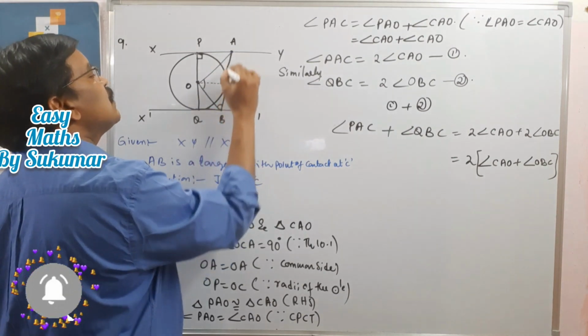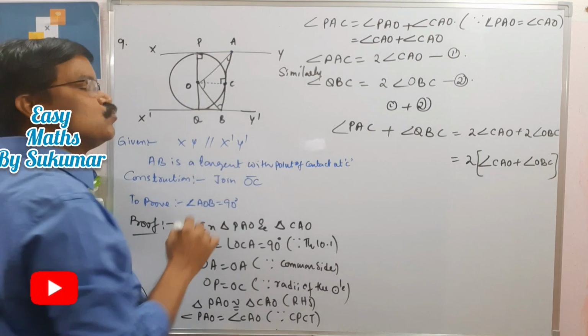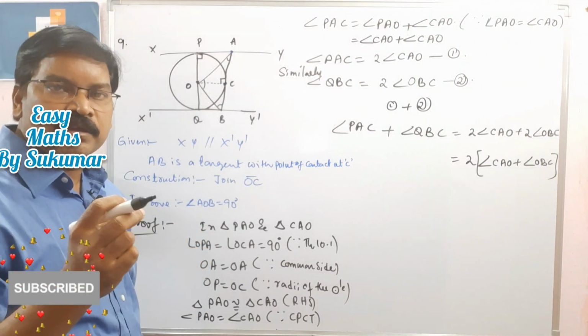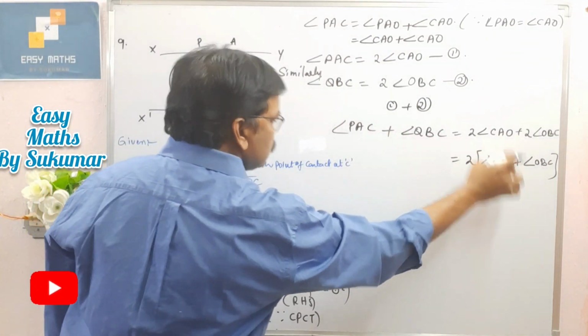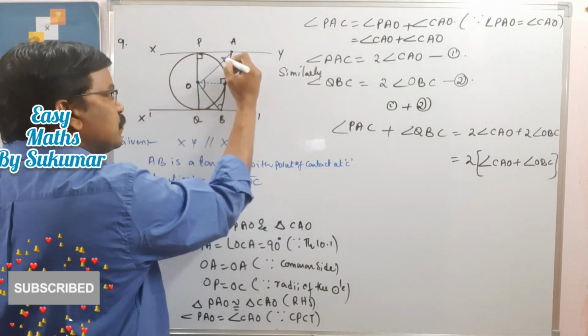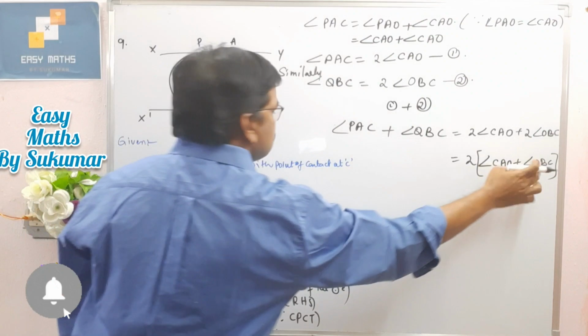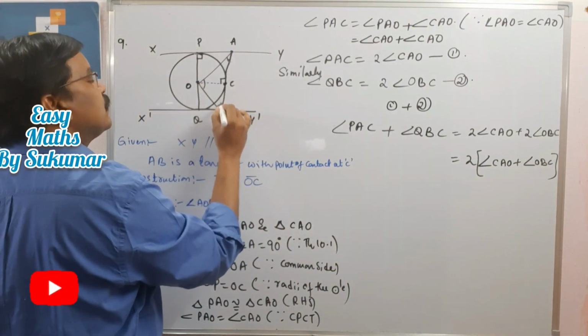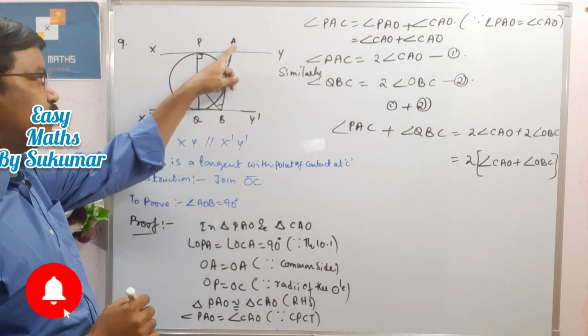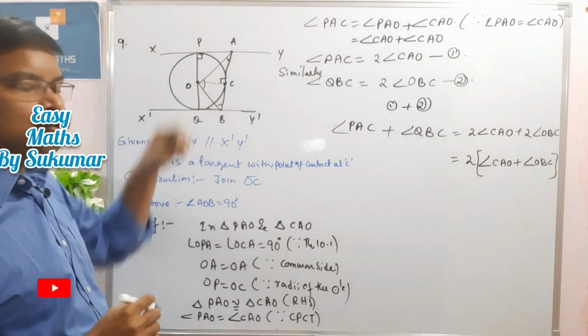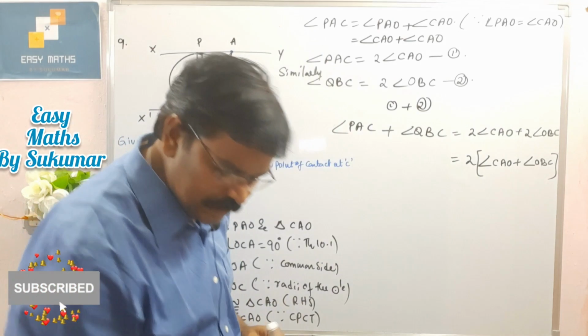That means this is the sum of these two angles in this triangle OAB. Please have a look here. This is angle CAO, that means this angle, and this is angle OBC, that means this angle. So this is angle PAC plus angle QBC.